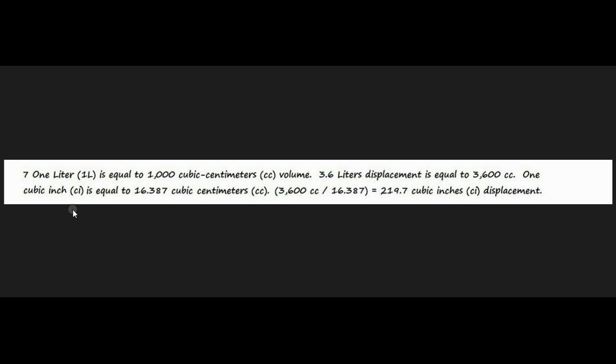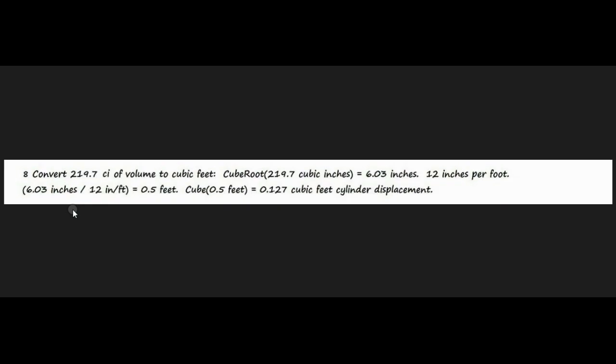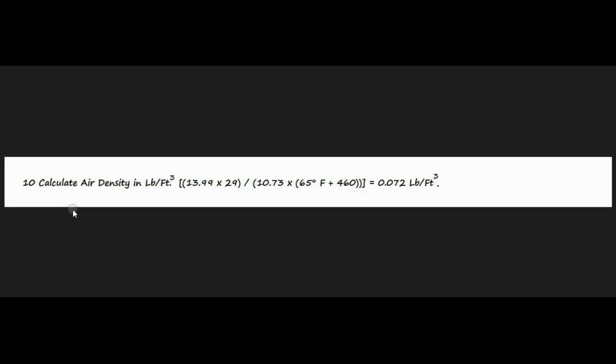Then we simply convert the liters displacement into cubic inches, and then convert the cubic inches into cubic feet cylinder displacement. Then compute the atmospheric pressure based on the altitude or the elevation above mean sea level. Also recording the air temperature so that we can then compute the air density.